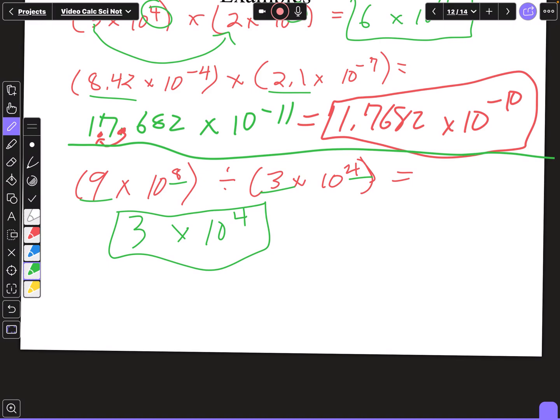Now if we look at one more, let's say I have 6.2 times 10 to the negative 8, and divide that by 4.2 times 10 to the negative 2nd.